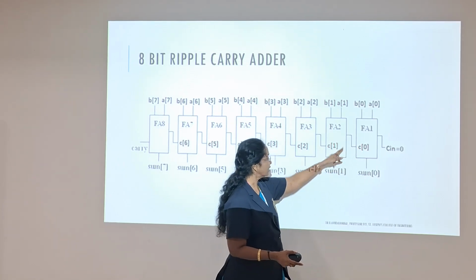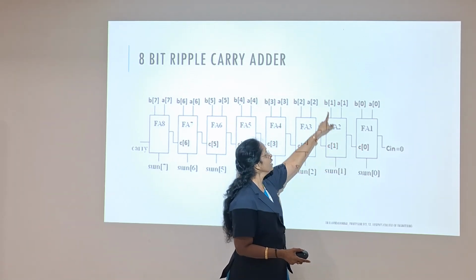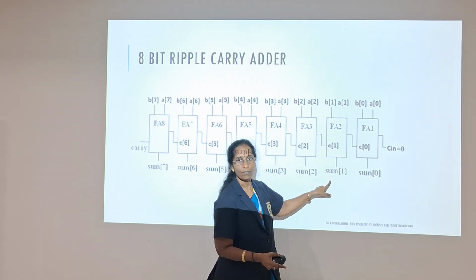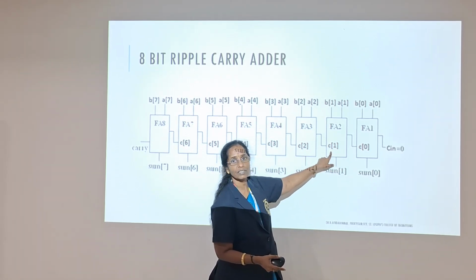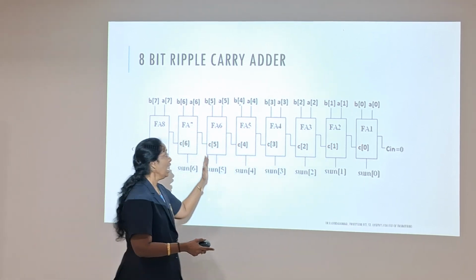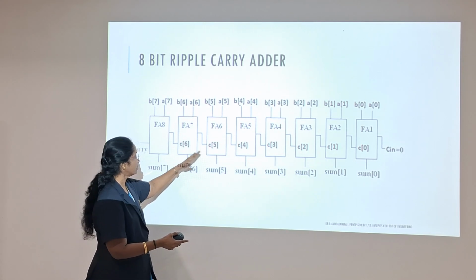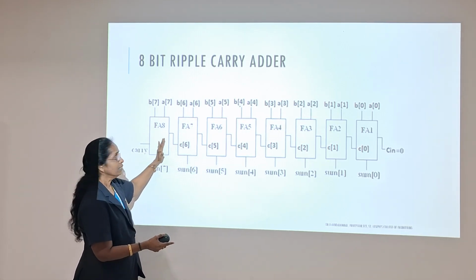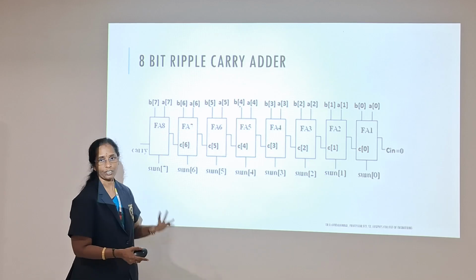That is forwarded here. Therefore, what are the inputs here? A1, B1 and C of 0. So it produces an output sum of 1. And what is the carry associated with this? C of 1 is the carry. Likewise, the carry is propagated, and the carry finally generated from the MSB adder is our final carry of the circuit.